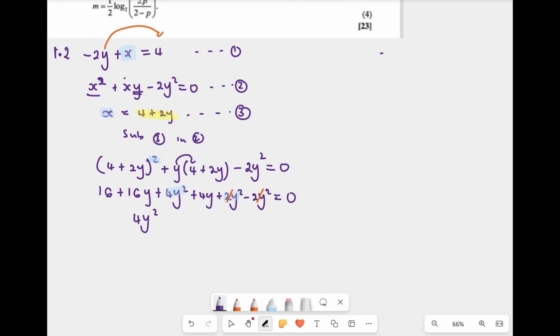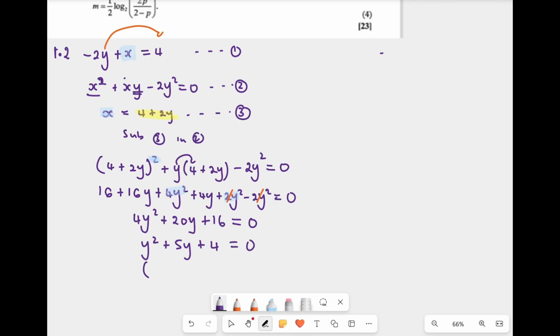And then we have 16y plus 4y, which is positive 20y. And then plus 16, this is equal to 0. Now, we can see that 4 is a common factor here. We can divide everything by 4. So if I divide everything by 4, I will remain with y squared plus 5y plus 4. This is equal to 0.